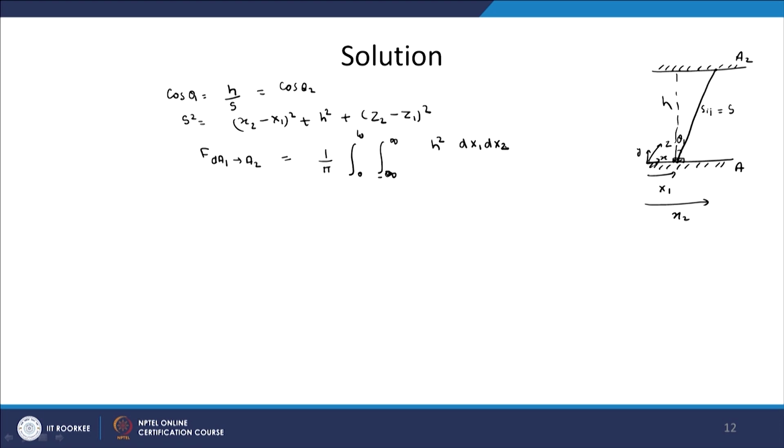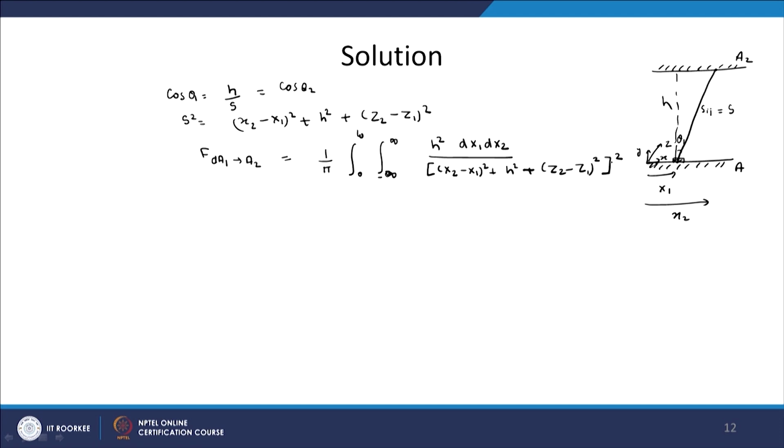We have to integrate over the two areas, and then in the denominator we have s power 4.